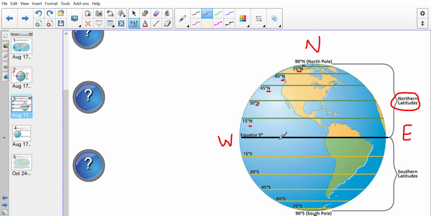Anything in the southern hemisphere or below the equator is measured in degrees south. All the way to 90. Okay, so those are lines of latitude. They run from east to west, and they measure in the northern and southern hemispheres.